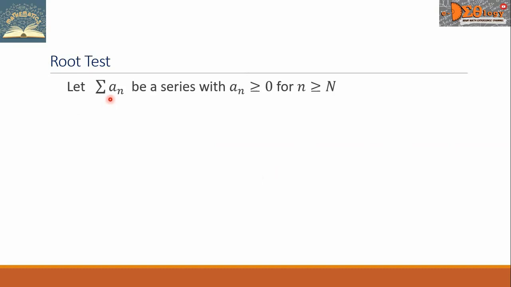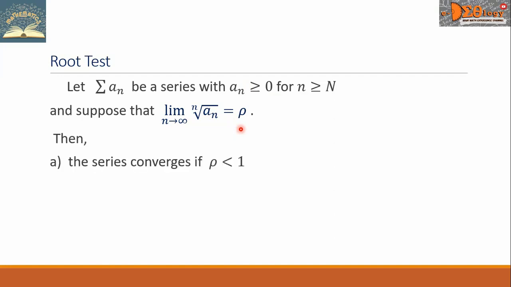Let the summation of a sub n be a series with a sub n greater than or equal to 0 for small n greater than or equal to big N. And suppose that the limit as n approaches infinity of the nth root of a sub n equals a value rho.